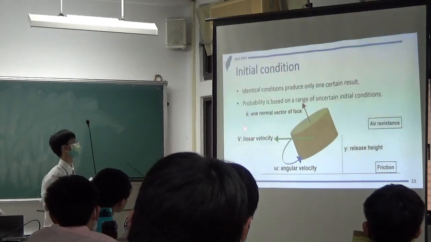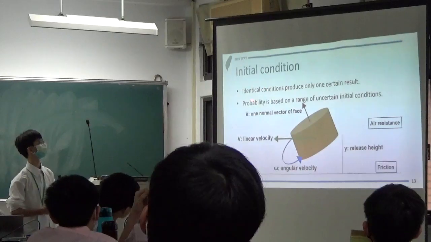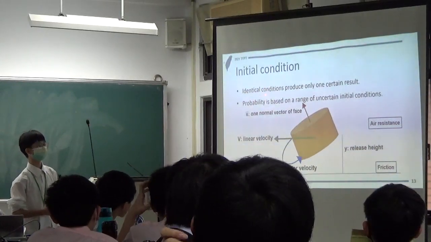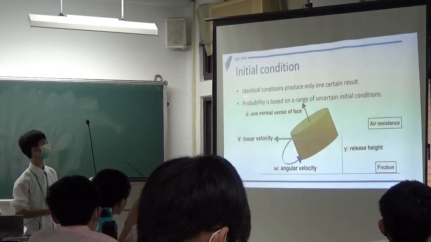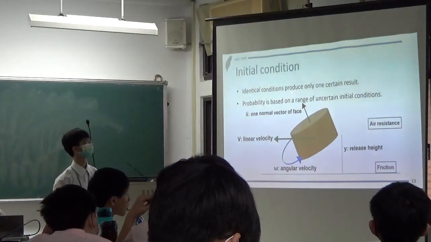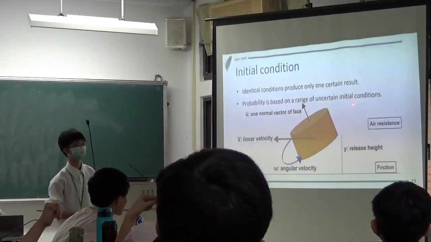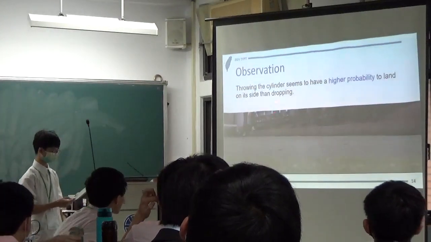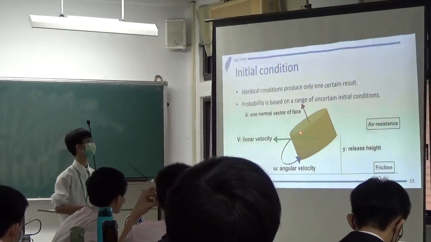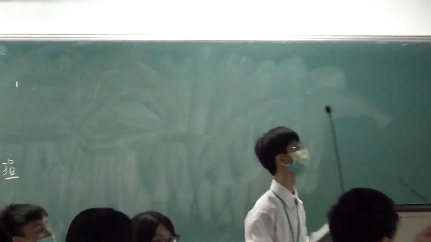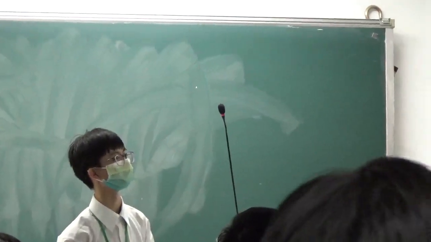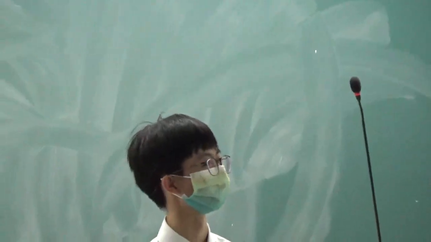So we should introduce the concept of initial conditions. First, there are two facts we should know. The first is that identical conditions produce only one certain result. If we control all the initial conditions, there is no concept of probability. So the probability is based on a range of uncertain initial conditions.